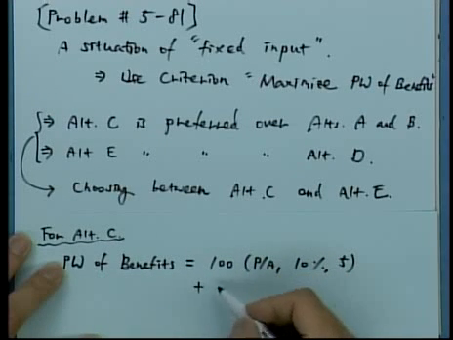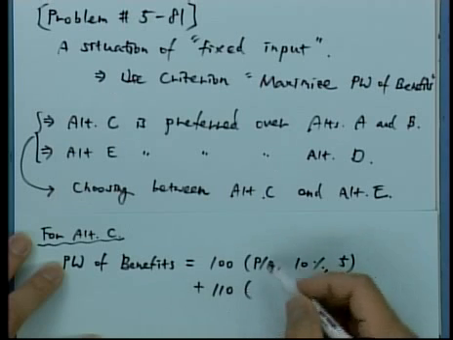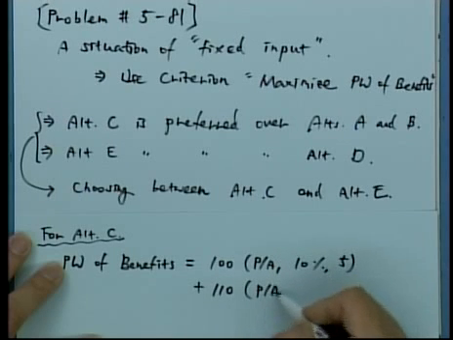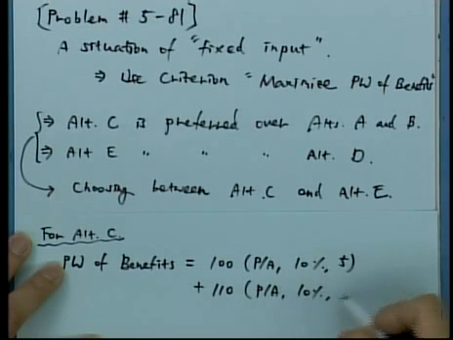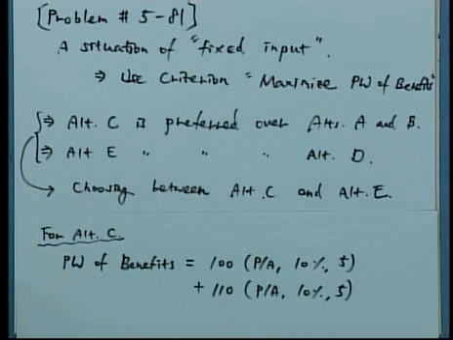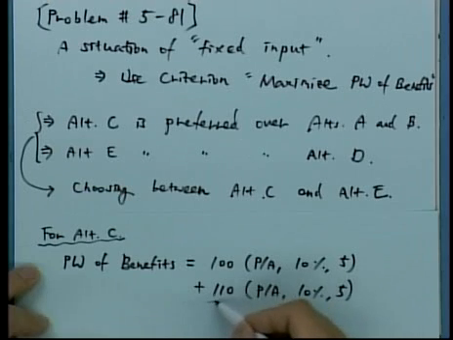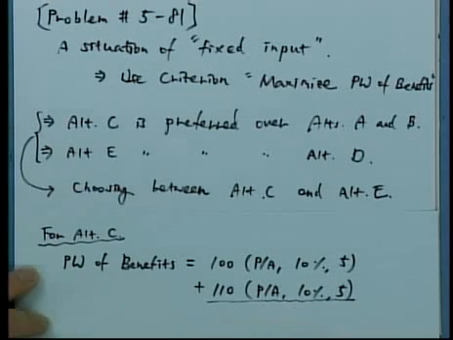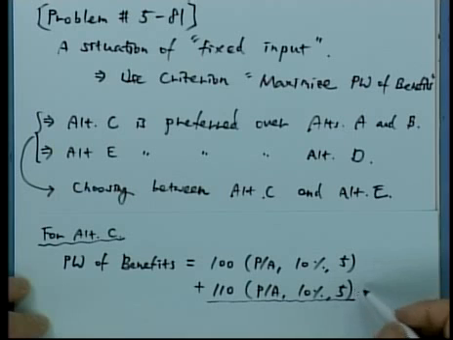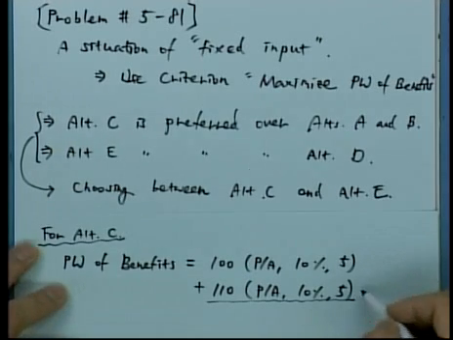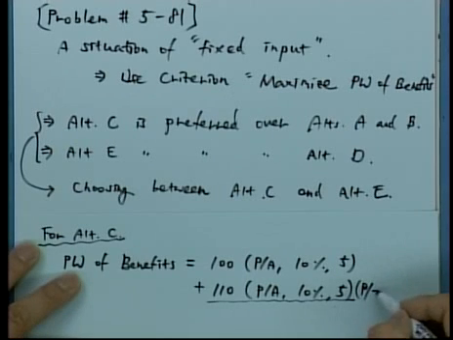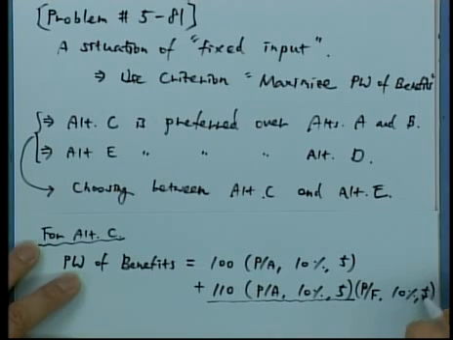And then $110 for the next 5 years, so again P given A, 10% over 5 years. And then this can be converted to an equivalent present sum, so you need to multiply by P given F, 10% over 5 years. Okay?